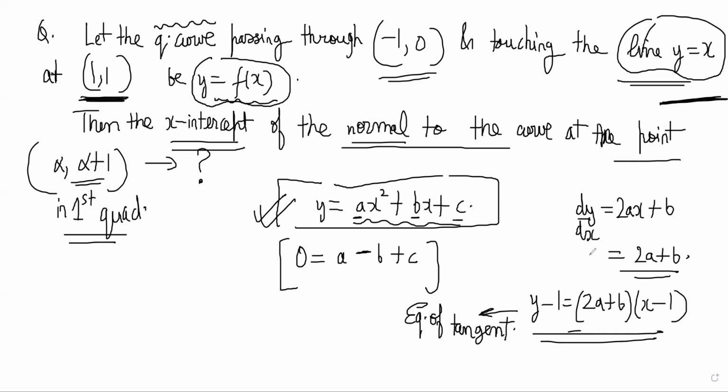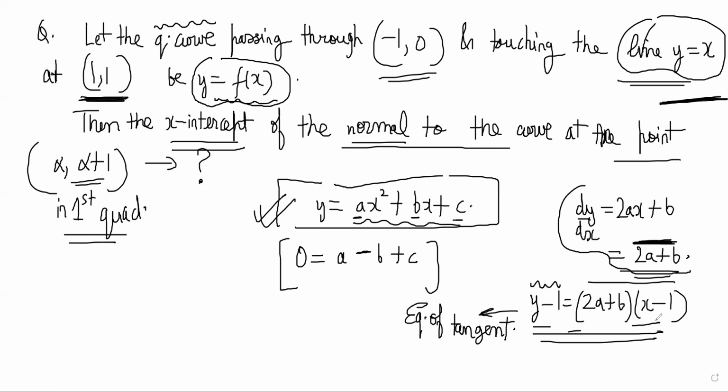Yashwant, are you understanding what I am doing? Yes, sir. What am I doing? You are trying to write the equation of the tangent. The slope of the tangent at 1 comma 1 is 2a plus b. This is point slope form, equation of tangent, right?